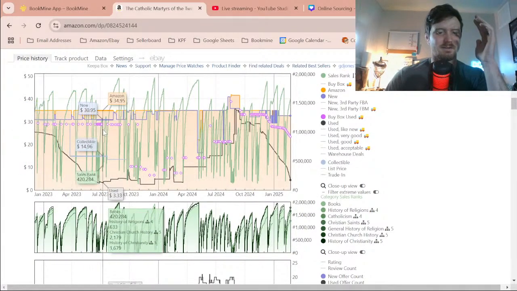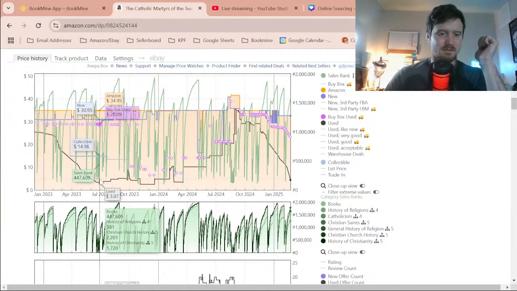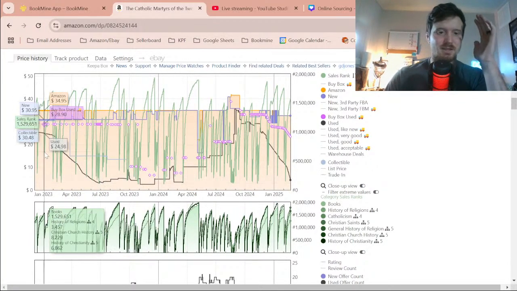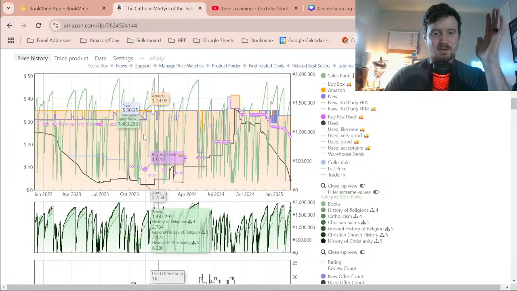But I'm not gonna. This is called leveraging the buy box, where the lowest used price is way down here, but the buy box is way up here, which this used price is probably FBM sellers, and then the used buy box price up here is probably FBA sellers.